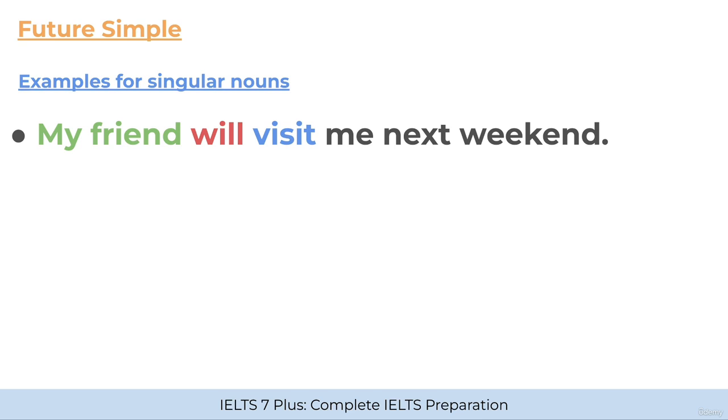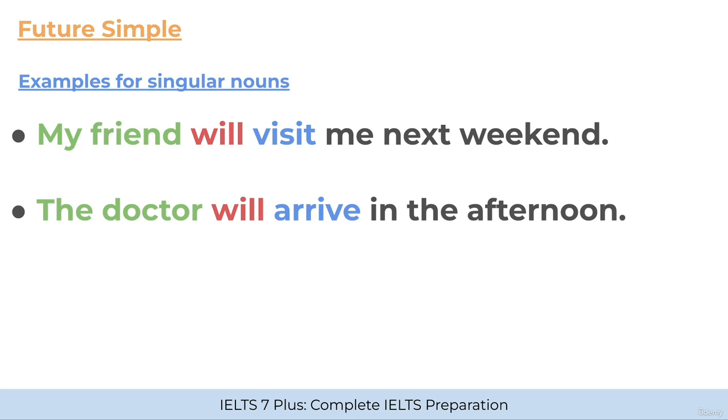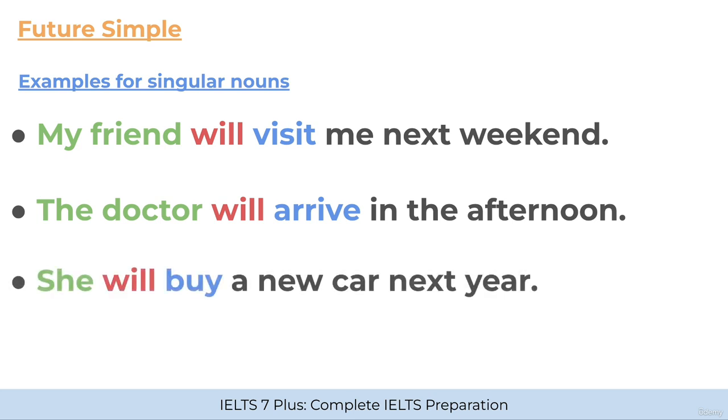So you can say, my friend will visit me next weekend. The doctor will arrive in the afternoon. She will buy a new car next year. So just a few more examples there highlighting this singular subject, and then we follow it with will, then we follow it with the base form of the verb.